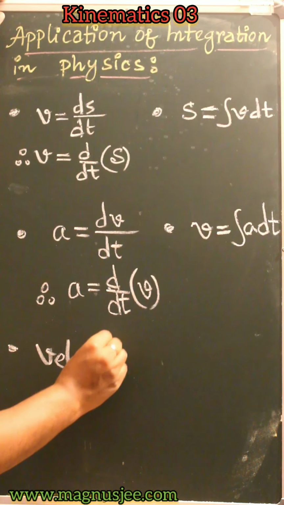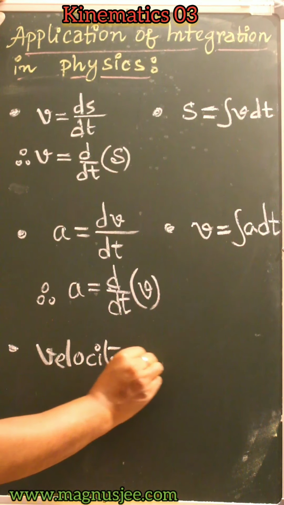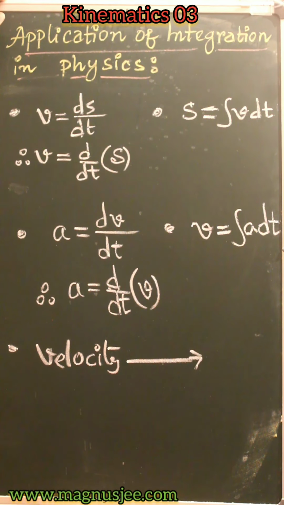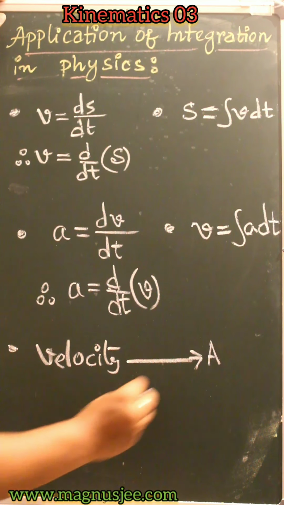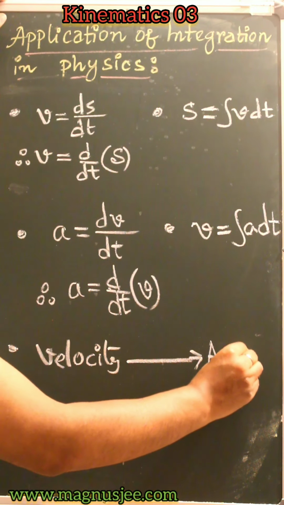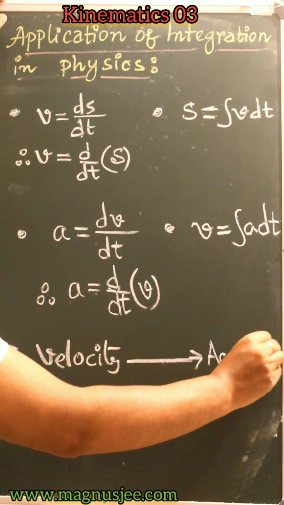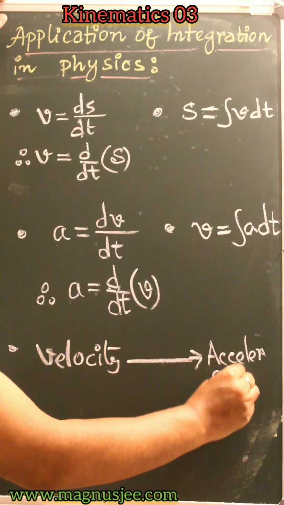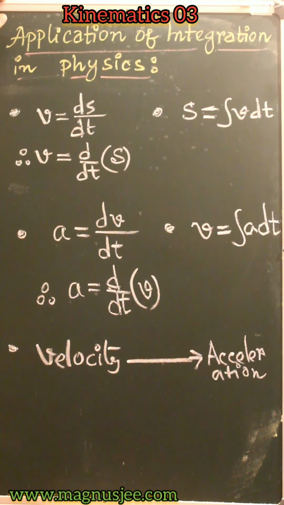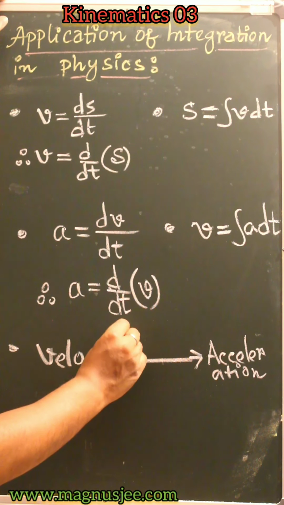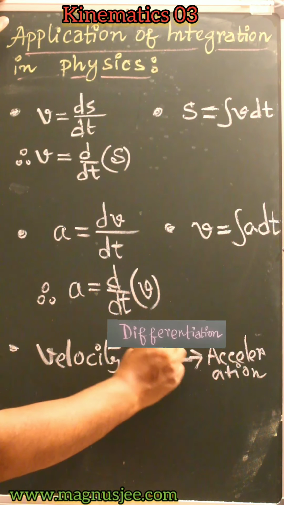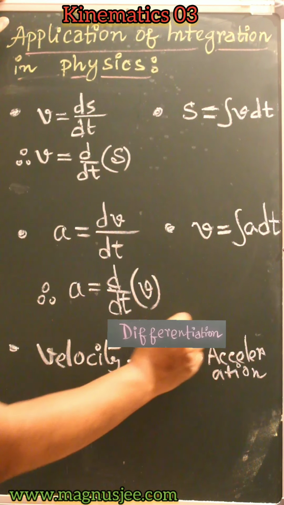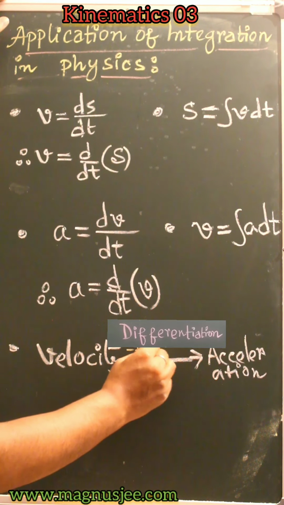So if we want to find acceleration from velocity, that is the forward process. Acceleration can be derived from velocity by using differentiation.